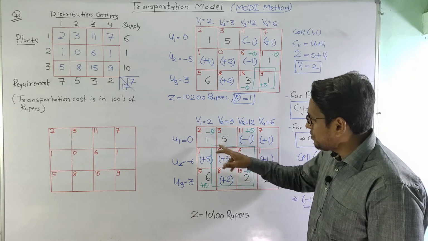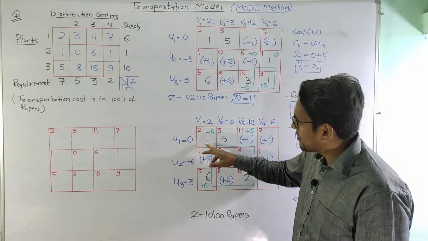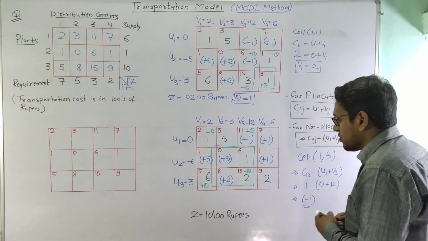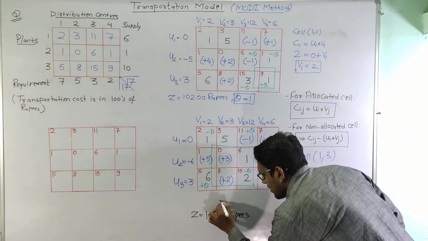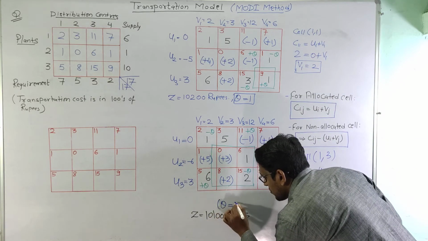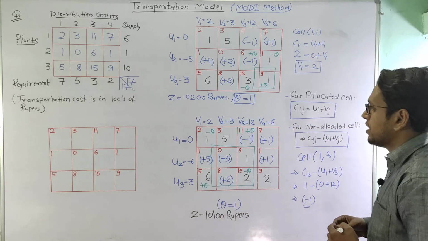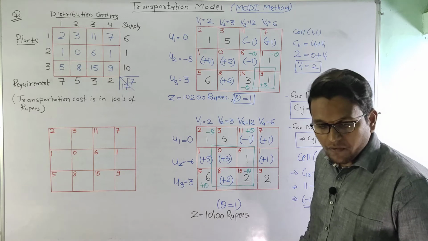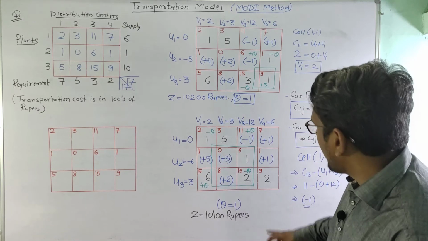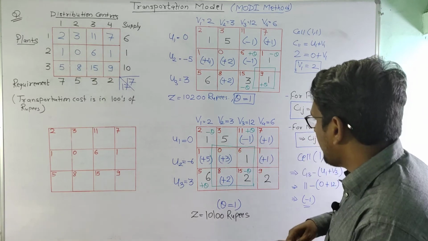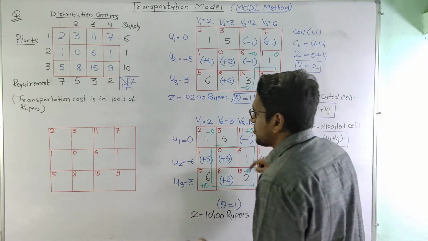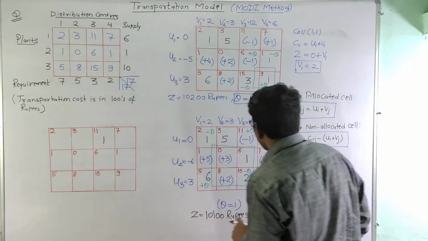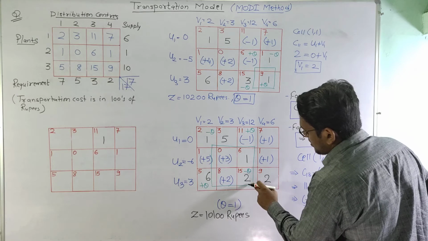So among these two, the minimum value for theta is 1. So we are going to take the value of theta equal to 1. Now let us allocate the value here, and we will get our improved solution. So by allocating here, we will have one allocation in this particular cell. So this will be 1, and this is minus theta.